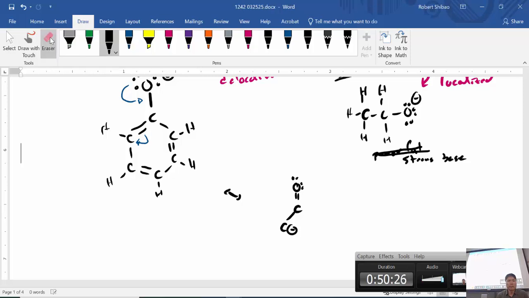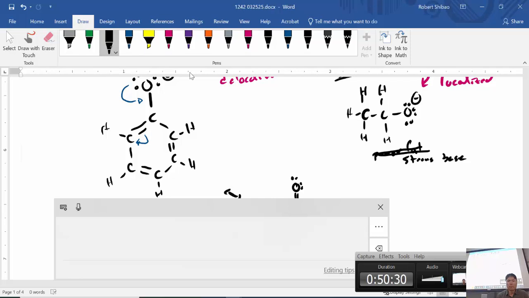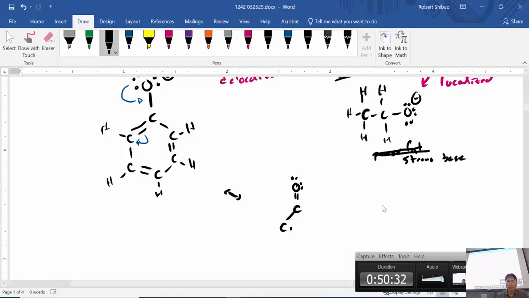Oops, let me make room for the lone pair here. It's going to distort the ring. The ring is no longer going to be flat like a pancake. It's going to have a kink in the ring now due to this sp3 screwing up all the sp2s.